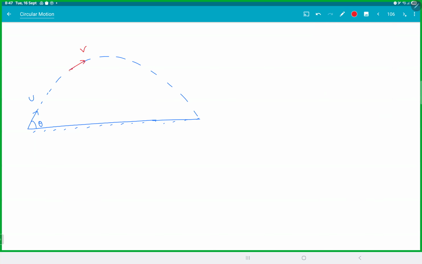This is V here. At some angle, it will make alpha. Remember, I don't know the value of V yet. And what is the acceleration? This is g.